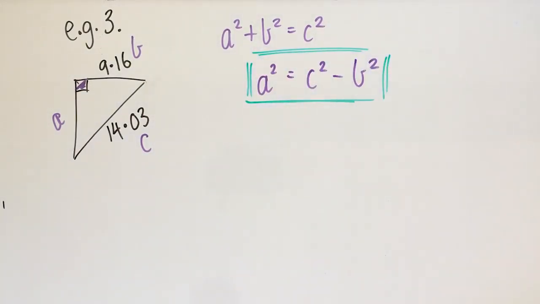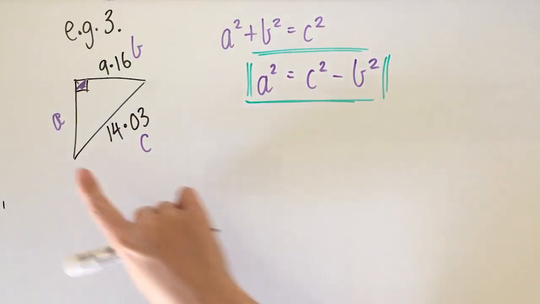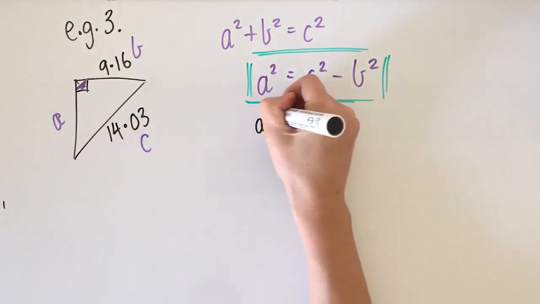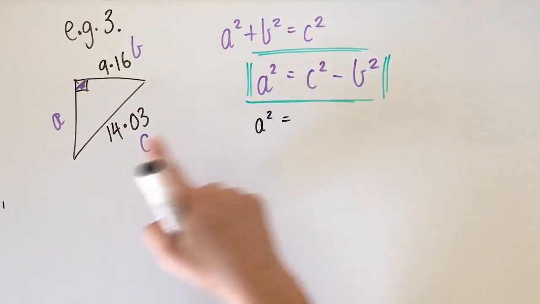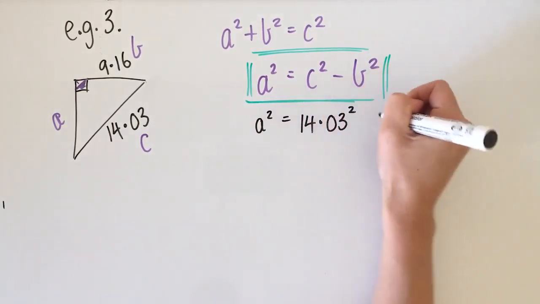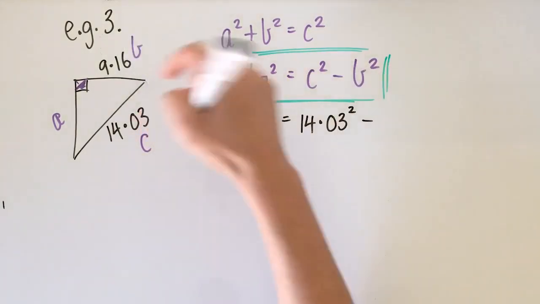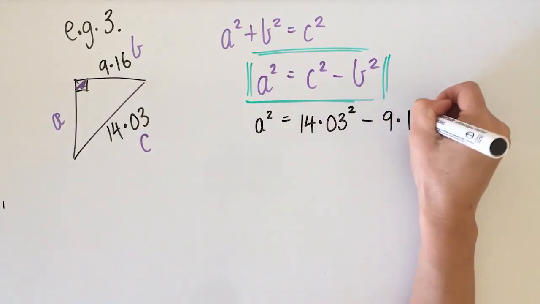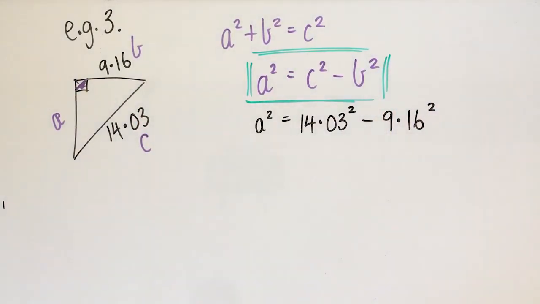All right, now we're up to substitute. A, we don't have anything for, that's what we're trying to find. C, I'm going to change to 14.03 squared. B, I'm going to change to 9.16 squared.